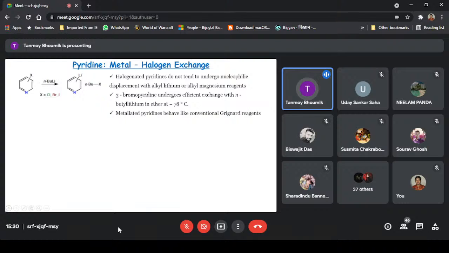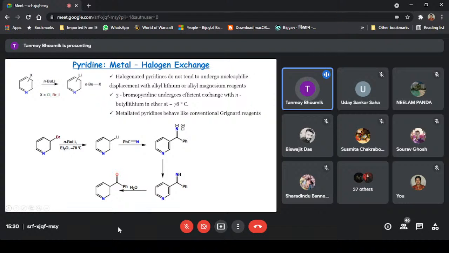This halogen will be at the ortho position. This halogen will be exchanged with the other halogen which is on the other molecule. This halogen will be substituted by the alkyl anion, and after hydrolysis it can form the aqueous solution of this pyridine.